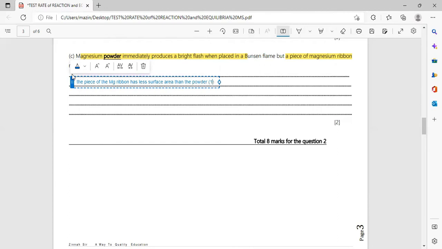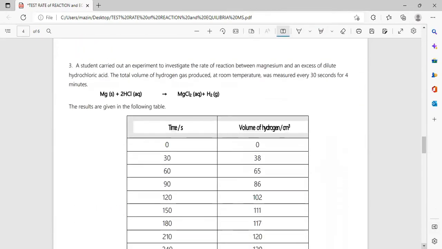This is a mark here, and then you should write here frequency of collision. Frequency of collision is greater with the powder. Look carefully. I don't write anything here about energy or about successful collision. Why, do you understand? I hope in the previous discussion you got this.